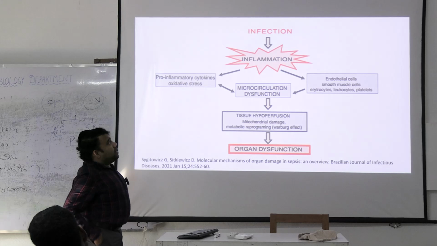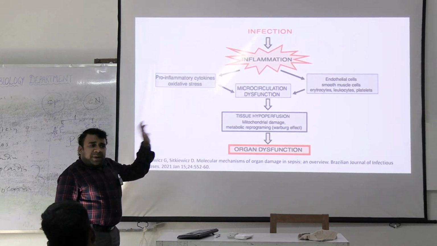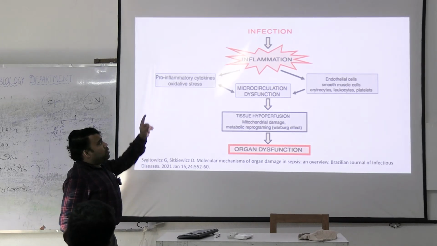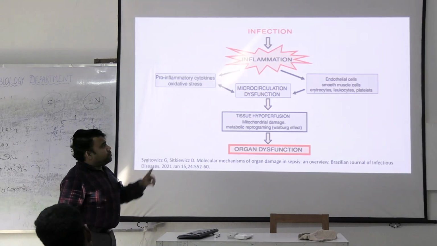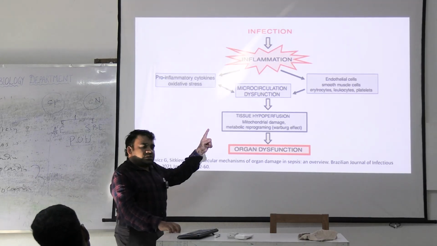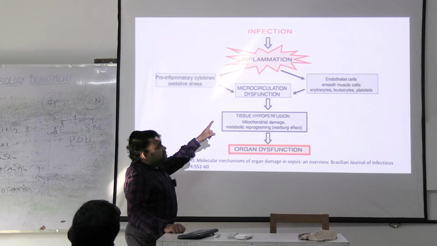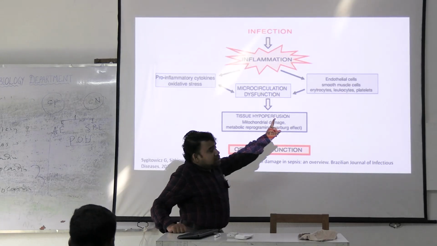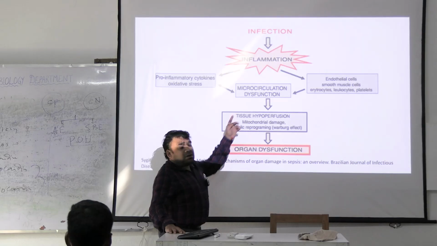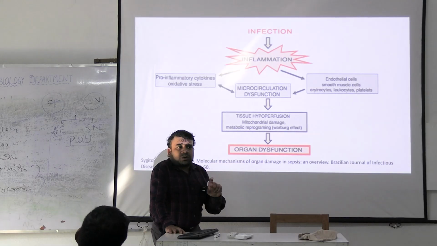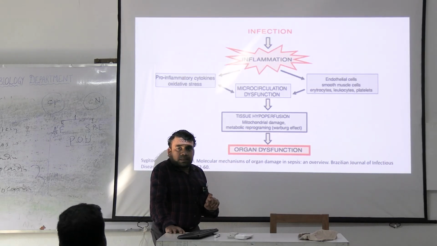What actually happens? The pathogen, bacteria over here, will cause infection. This will start a chain reaction. The first step of which is inflammation. The inflammation will result in endothelial cell injury in the vessels. This will trigger microcirculatory dysfunction.